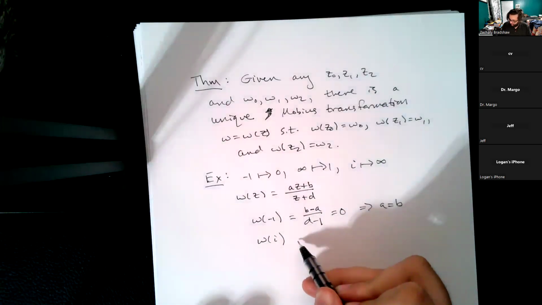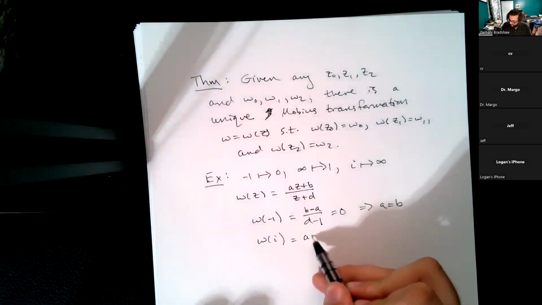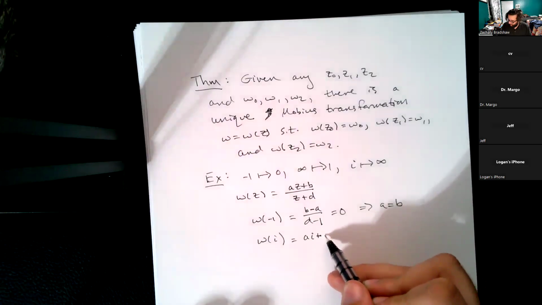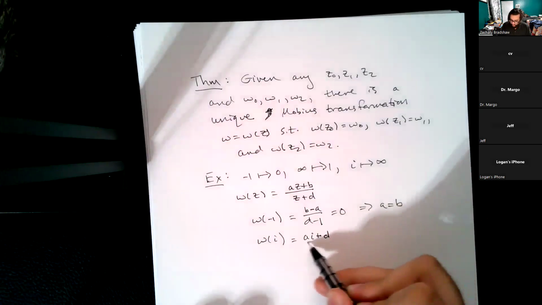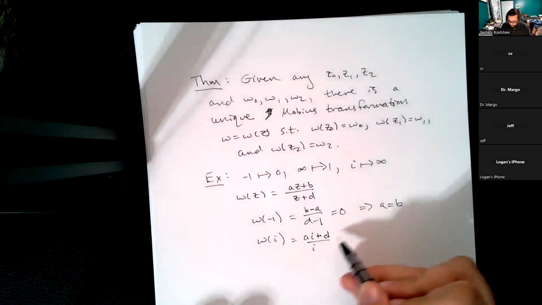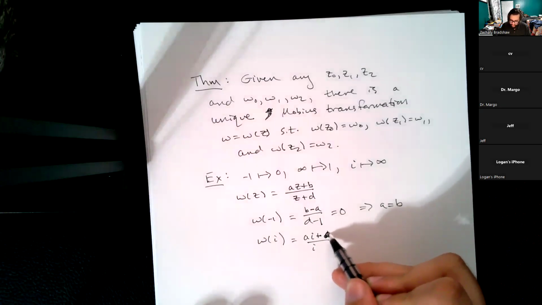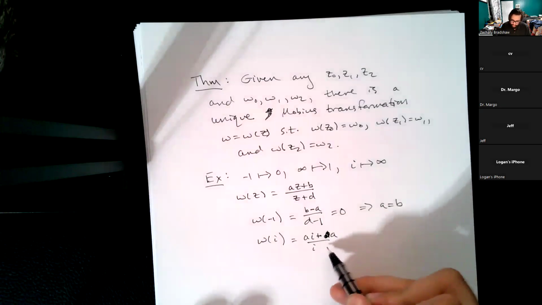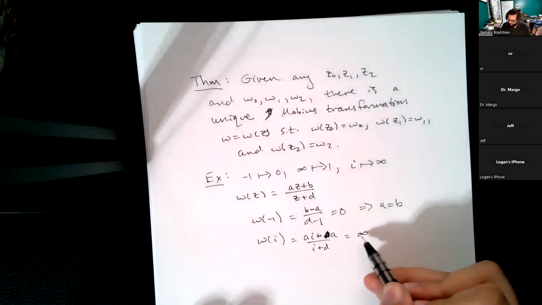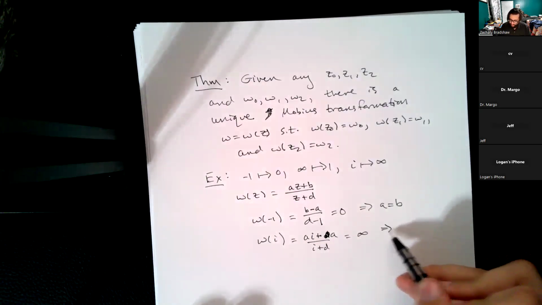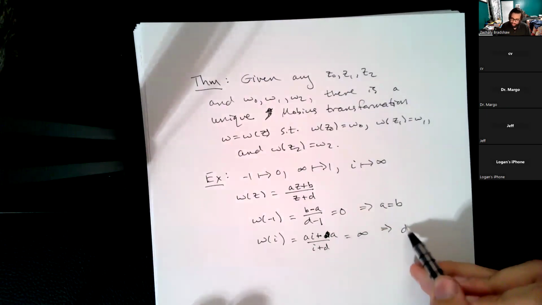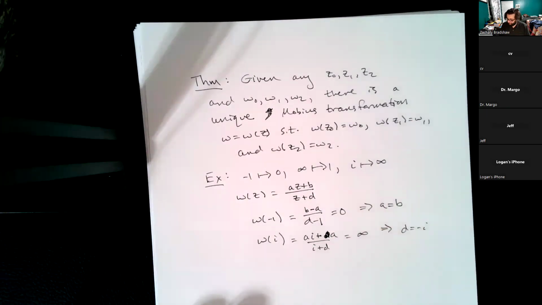We plug in i, we get ai plus d over i. Oh, sorry, that should be an a now. a is equal to b, so it's a(i plus d), and I want this to be infinity. The way to get this is by setting d equal to minus i.